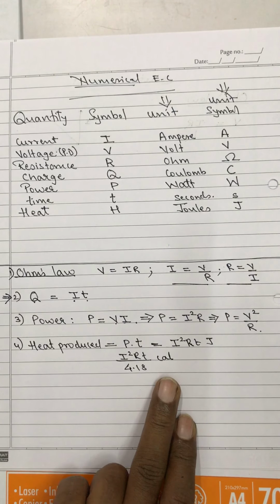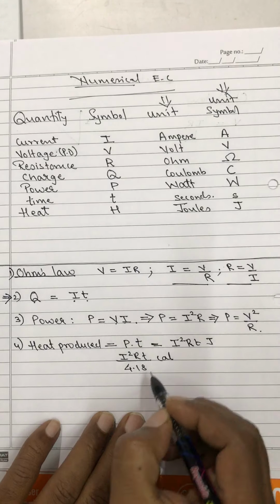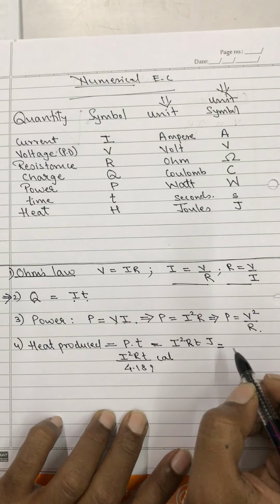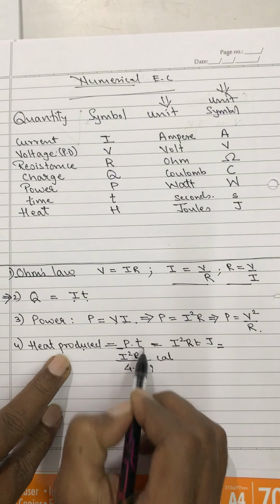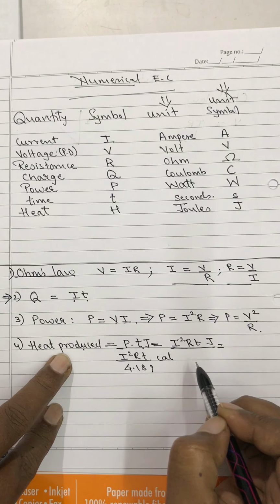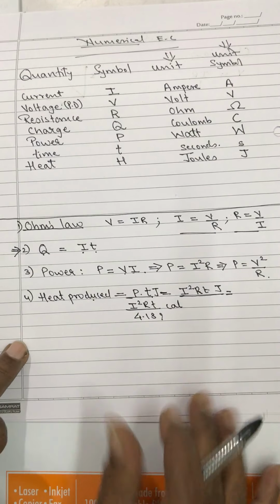When I want this in calories, I have to divide the same thing by 4.18. Slight question mark over here. Let's see. So the formula for heat is power into time, or it is also equal to I square RT in joules. These two are more than sufficient for you all to handle.